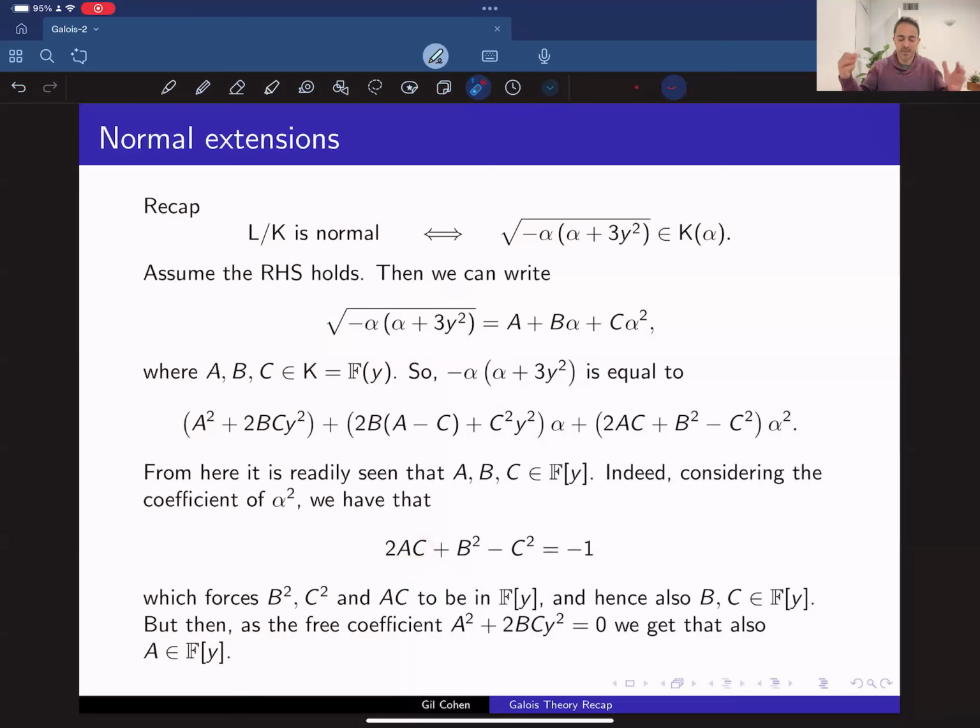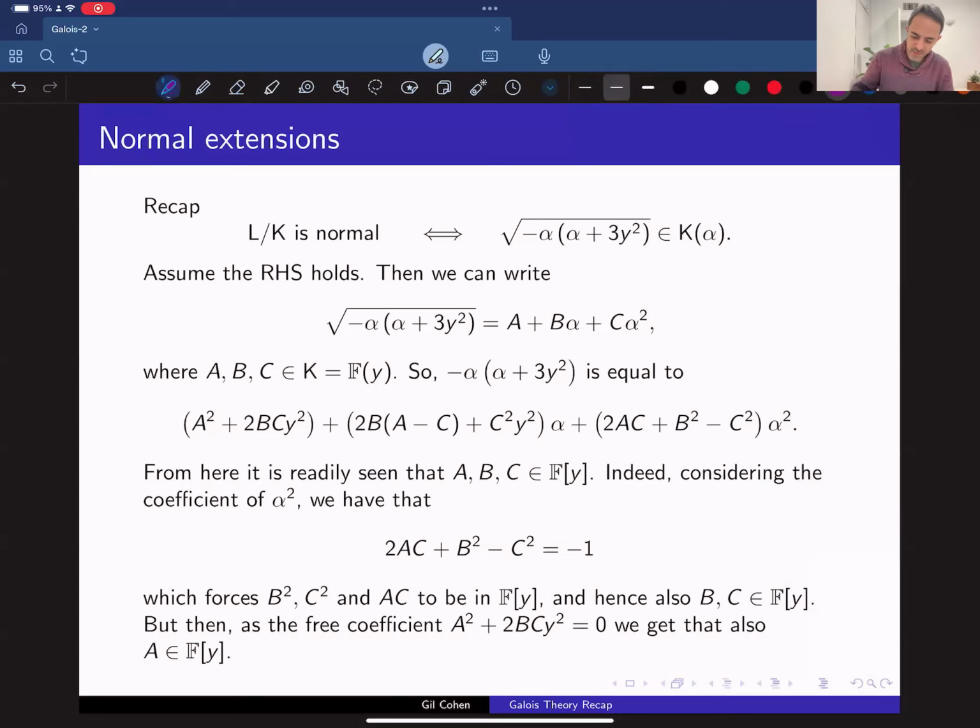I'm assuming all of the time the characteristic is not 2, by the way, but in this case it doesn't matter. These require these rational functions to be a polynomial each. You can verify that easily. If a over b plus c over d, where these are polynomials, is another polynomial, and you made sure that A is coprime with B and C is coprime with D, then it means that B and D are invertible, they're constant.